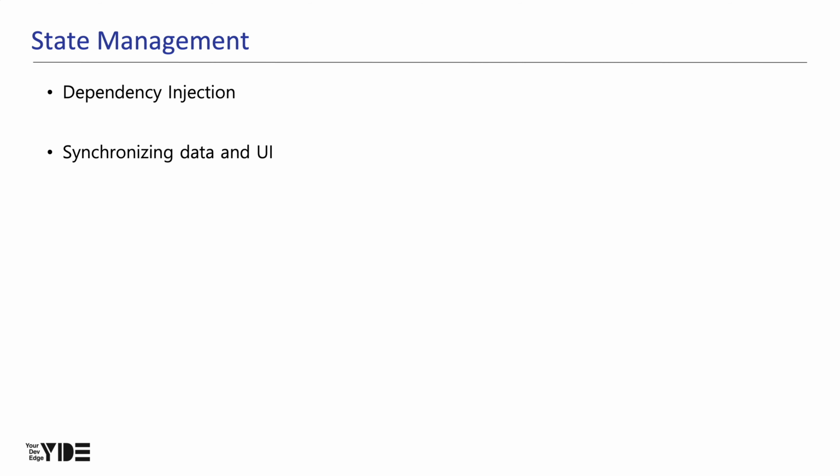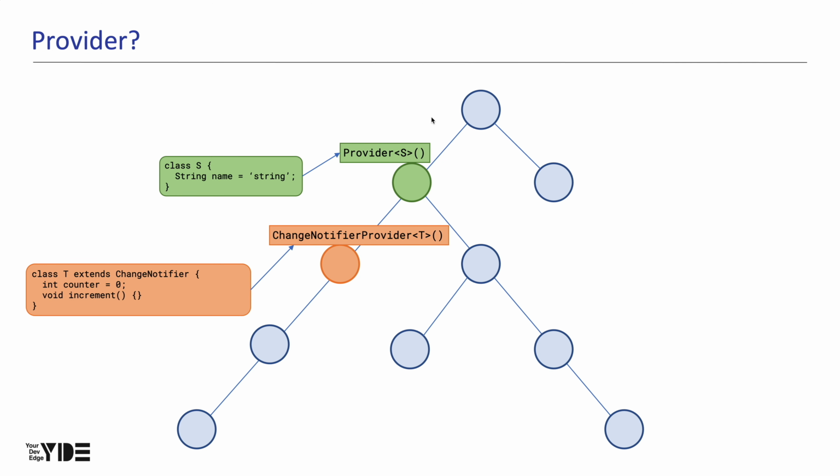Meanwhile, Provider only provides a means to handle the state, but does not provide a methodology for how to handle the state. In summary, a provider provides a widget with an easy way to access non-widget data and methods. And when the data changes, the provider lets the widget that needs the data know that the data has changed, and when needed, makes it so the widget can be rebuilt.